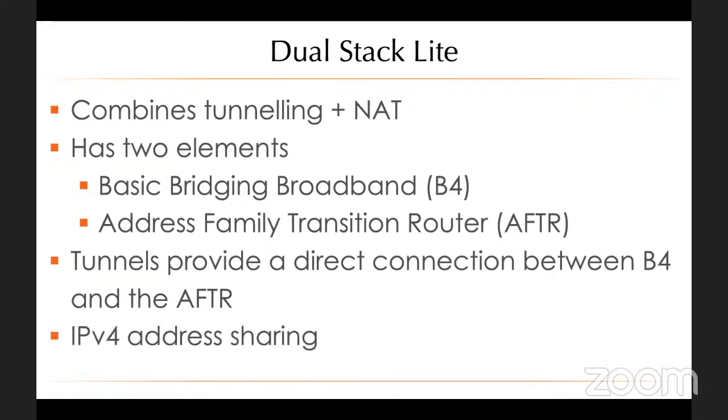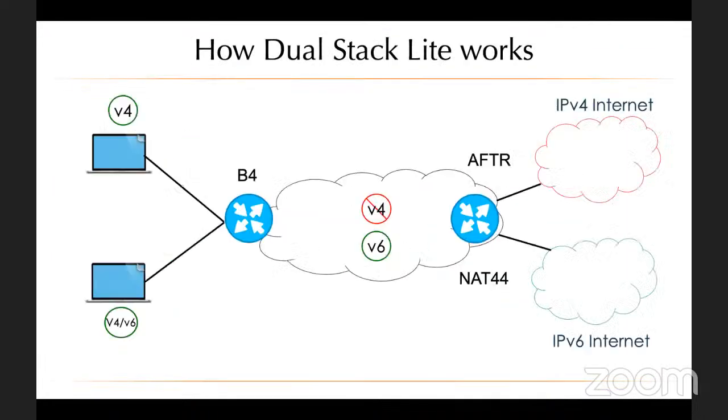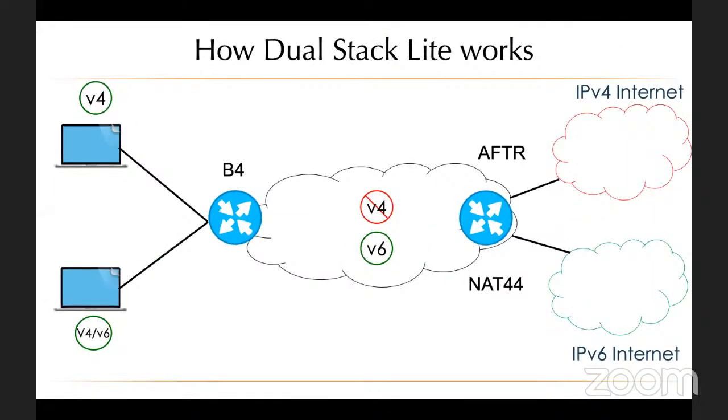Of course, as with the usual dual stack, we still have some cons, whereby you still have IPv4 address sharing, but it's much better than dual stack. So let's see how it works. Basically, your core will be v6 only. So you have v6 only in the core, right? And then the B4, this is the element that is at the customer. This is the CPE.